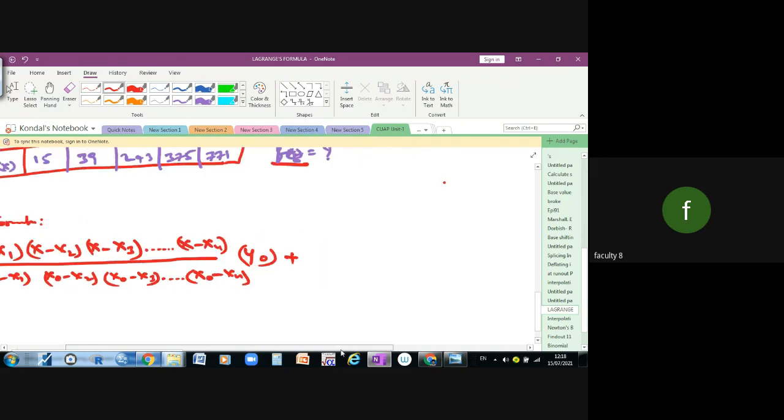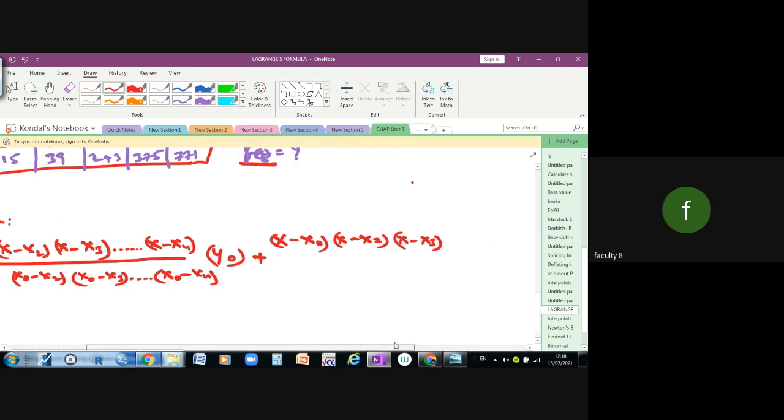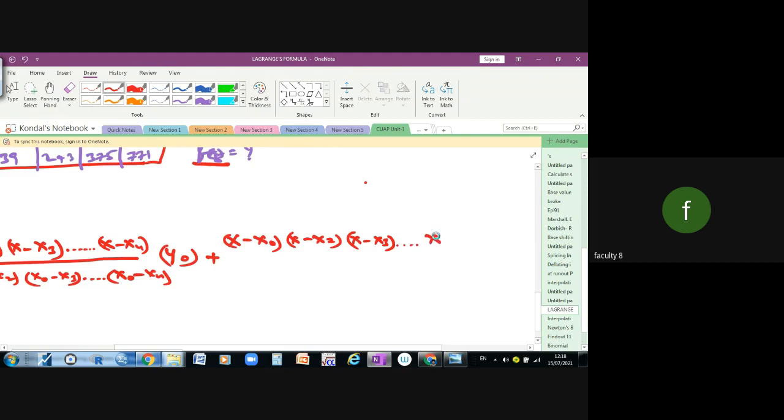So how many terms do I have there? We should take that number of observations. So the next one: x minus x0, x minus x2, x minus x3, and so on we can take, divided by x1 minus x0, x1 minus x2, then x1 minus x3.